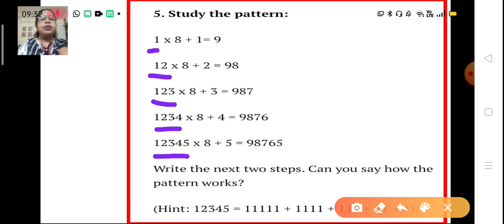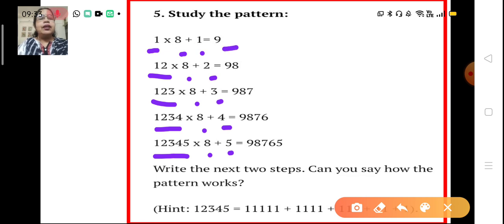First it was 1, then 1 2, then 1 2 3, then 1 2 3 4, then 1 2 3 4 5. And the number to be multiplied with is always 8, isn't it? Always 8. But the number to be added is also increasing along with the number that is being multiplied by 8. It is becoming 1 2 3 4 5, isn't it? And also you can see a beautiful pattern in the answers also.